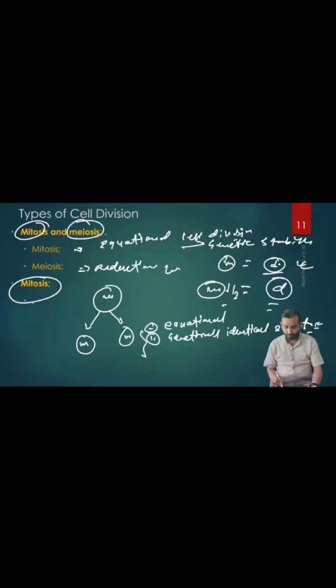Another point, this occurs in somatic cells, and it is useful in wound healing and tissue repair. If you have injuries, we need mitosis. It is important in tissue growth. The chromosome numbers remain the same: M in the mother, and M and M in the daughters.